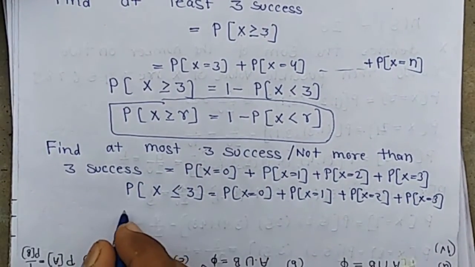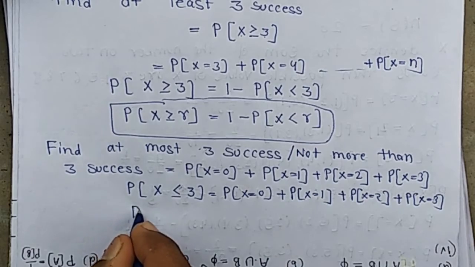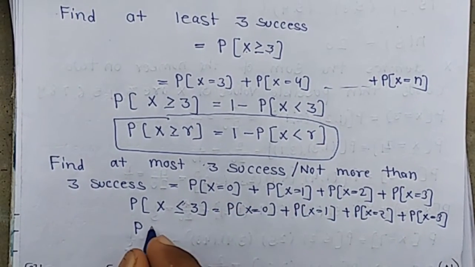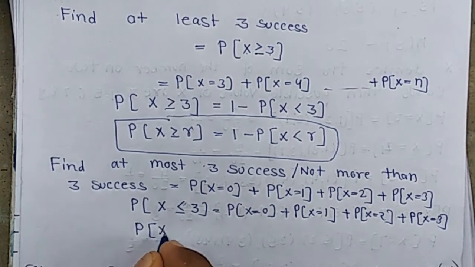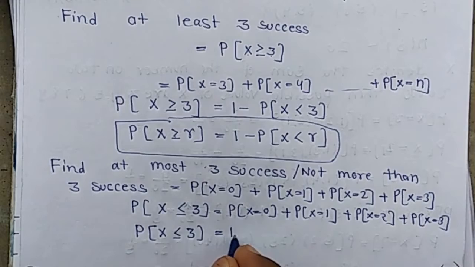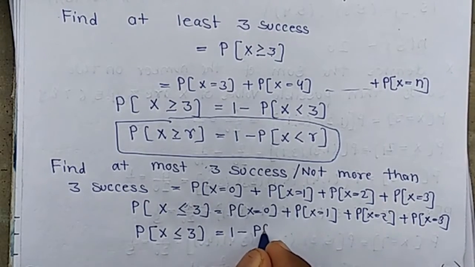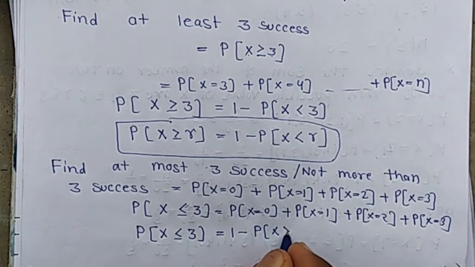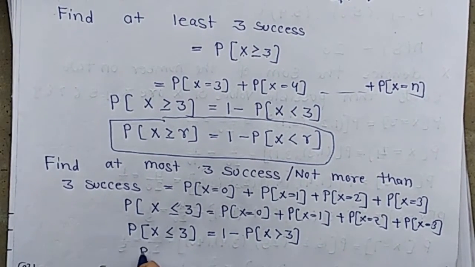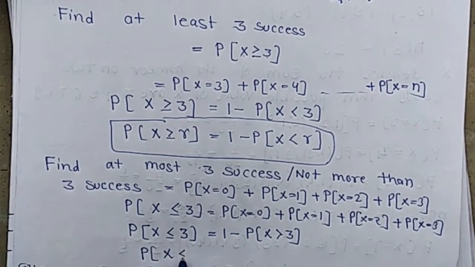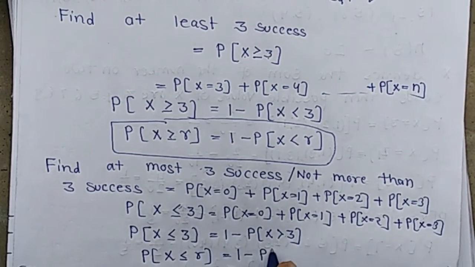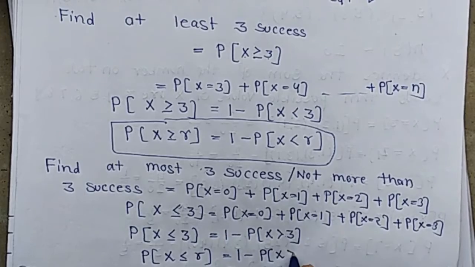Now we can also write this formula: x less than or equal to 3 is given by 1 minus x greater than 3. We have a formula: x less than or equal to r is 1 minus x greater than r.